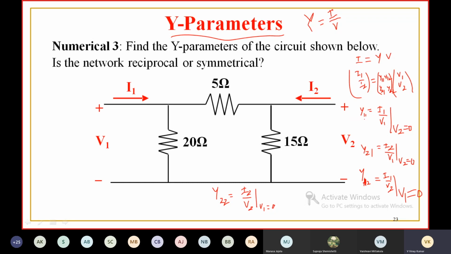Here, in Y11, this is the first subscript and this is the second subscript. In the numerator you write the first subscript, and in the denominator the second subscript.